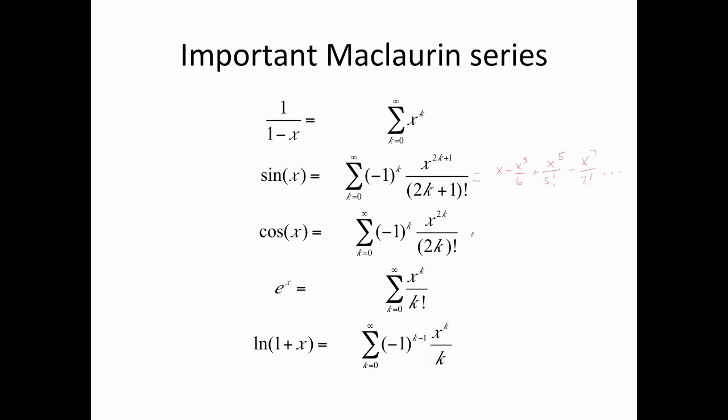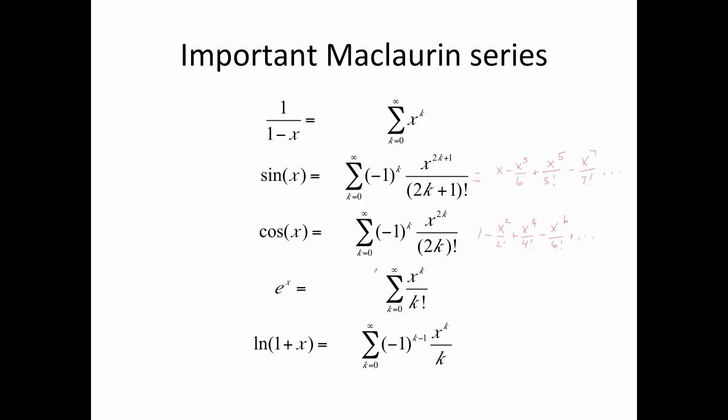Cosine, we get 1 minus x squared over 2 factorial plus x to the 4th over 4 factorial minus x to the 6th over 6 factorial, and it keeps going, picking up the even terms.